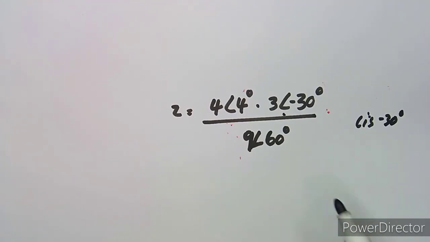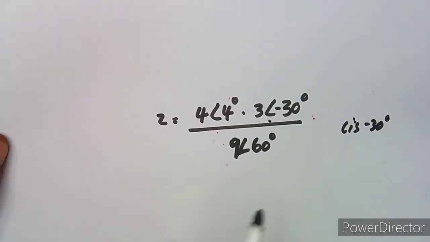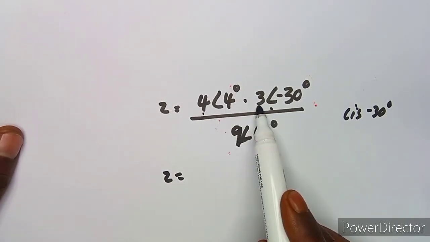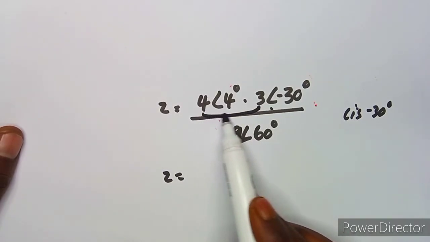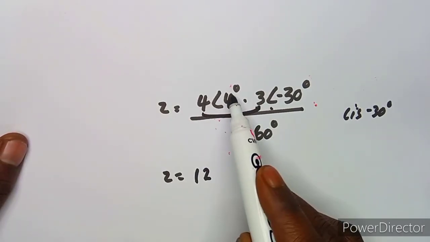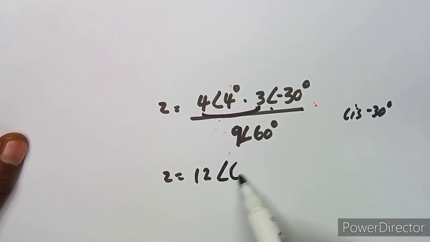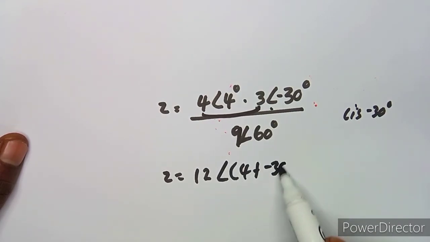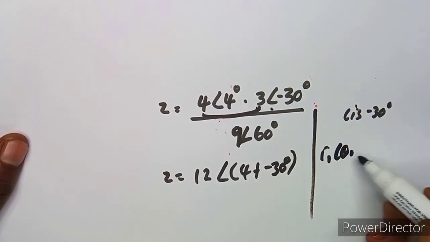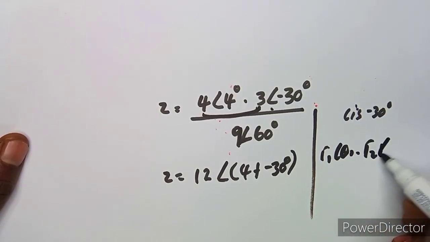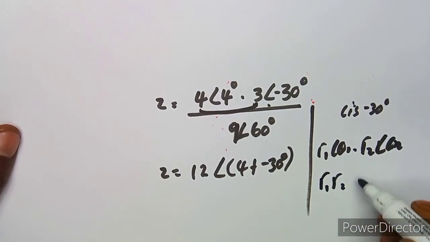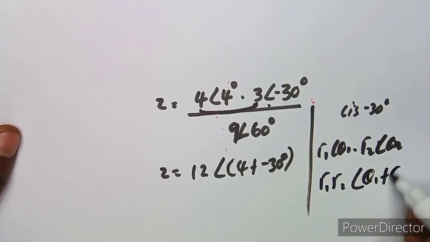So remember, guys, in polar form, I told you that you have to multiply these two in polar form. When you're multiplying, you multiply these two numbers together. So that's 4 times 3, which is 12. Then you add the angles. So you're going to add 4 plus minus 30 degrees. Remember, guys, the concept R1 angle theta 1 by R2 angle theta 2 is going to give us R1 R2 angle theta 1 plus theta 2.